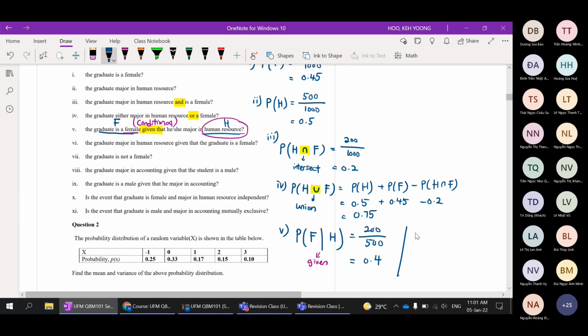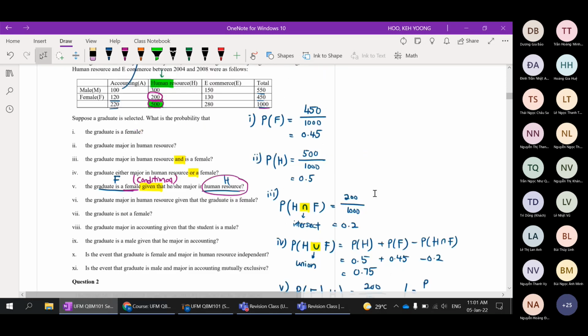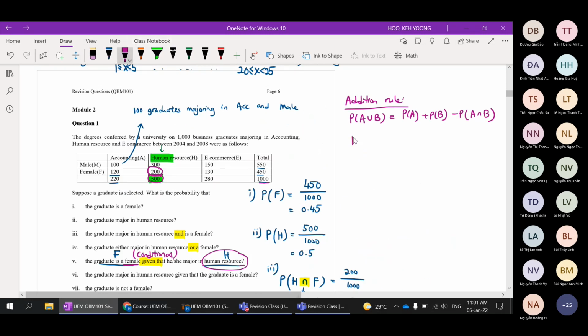Or some students may want to use the conditional probability formula. The conditional probability formula is this: A given B equals probability A intersect with B divided by P(B).